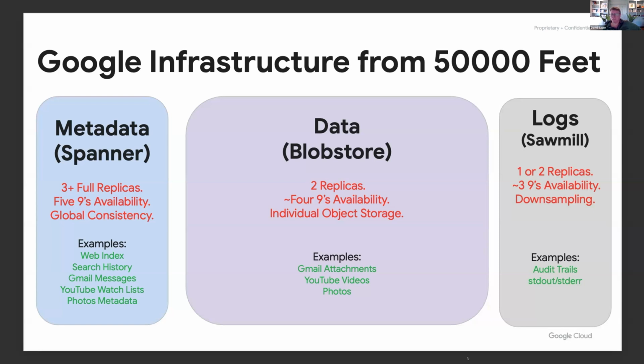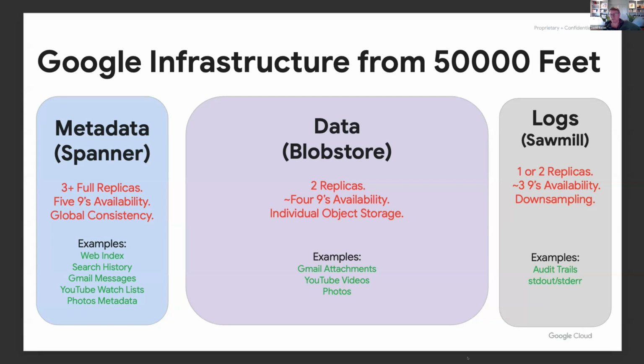And then finally, a large portion of our storage goes to logs via the Sawmill system. And that has yet lower replication depending on the application. There will be 1 or 2 replicas. It has, yet again, slightly lower availability. Over time, logs often go from 2 replicas to 1 replica. Depending on the type of log, it might also be downsampled as it gets older.